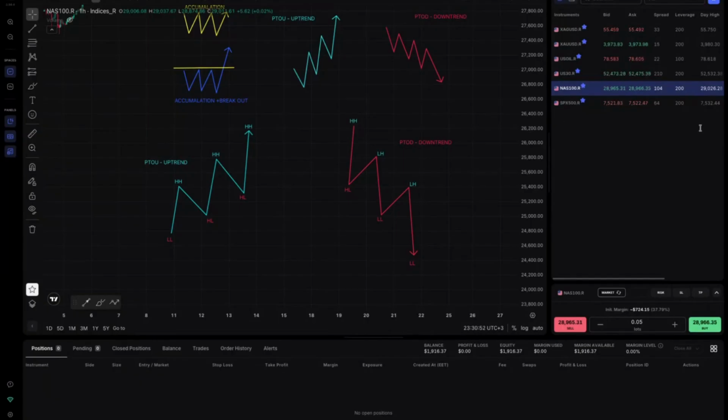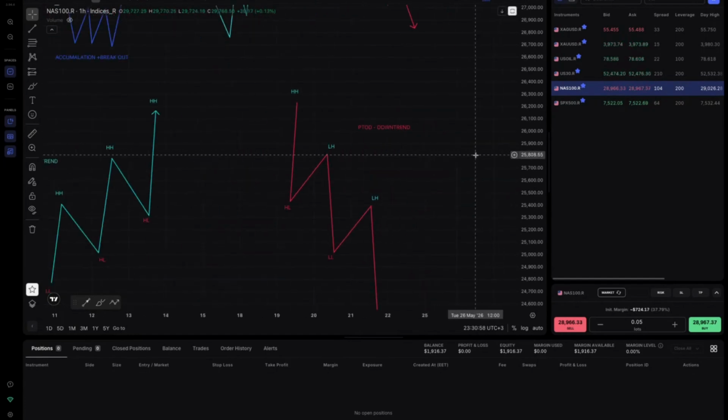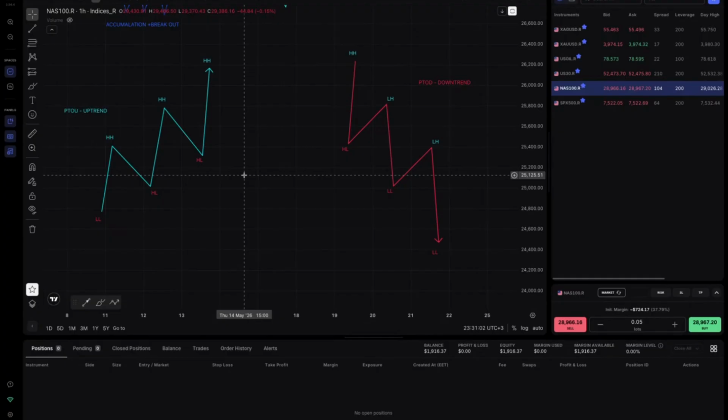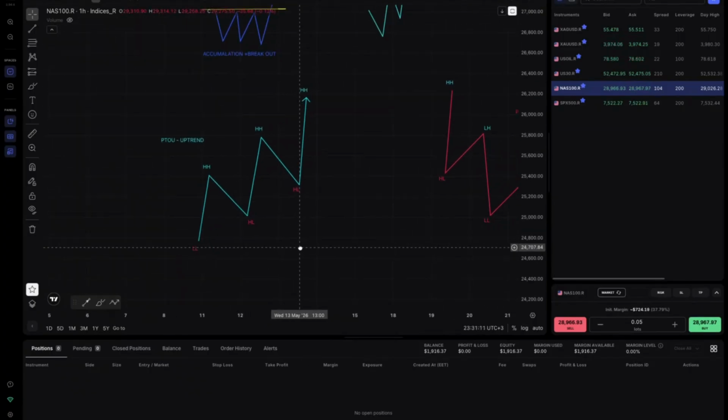Okay. And so let's put that into practice. Whenever you think of the two directions we trade in the market, I'm going to call those PTOU and PTOD. PTOU is an uptrend, PTOD is a downtrend. And so what that means is price makes a high, which at this point could be the highest point of the market or maybe the highest point of a last market.